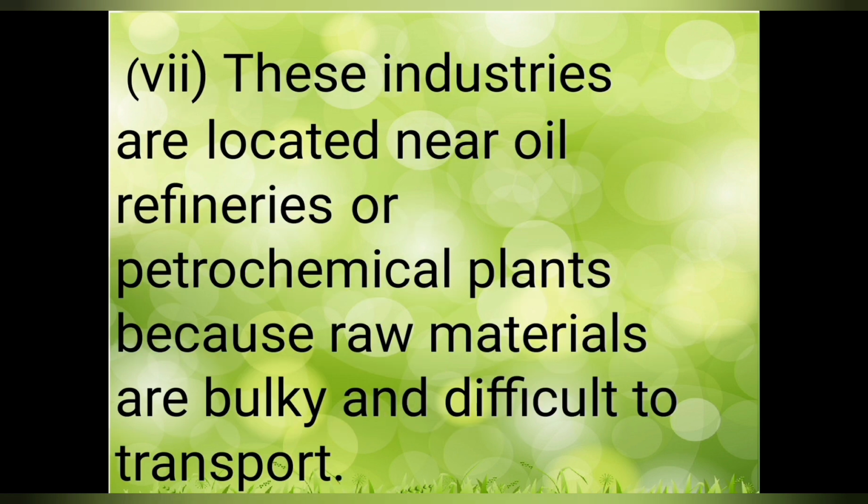Organic chemical industries are located near oil refineries or petrochemical plants because raw materials are bulky and difficult to transport. This is most important. Organic chemical industries are confined near these oil refineries because petrochemicals are bulky and heavy, which is difficult to transport. But inorganic chemical industries are widely spread over the country.